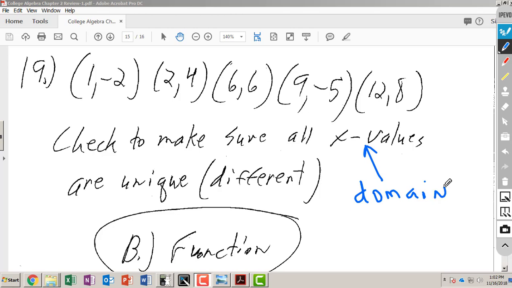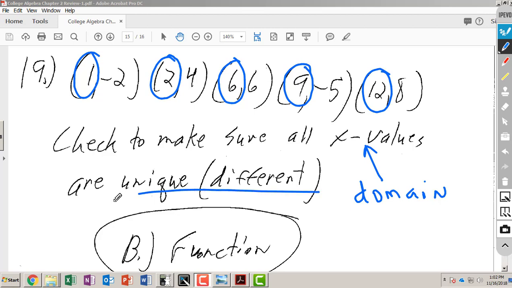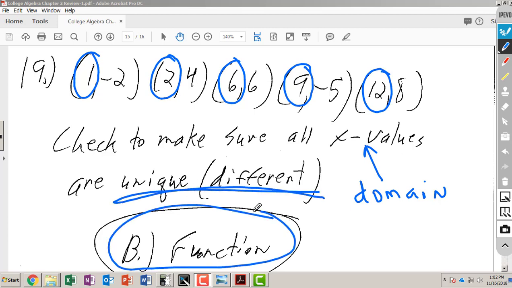So all I have to do is check my x values. This x value is 1, this is 2, this is 6, this is 9, and this is 12. All of them are different, so that means that I do have a function. So that answer would be B, which says that you have a function.